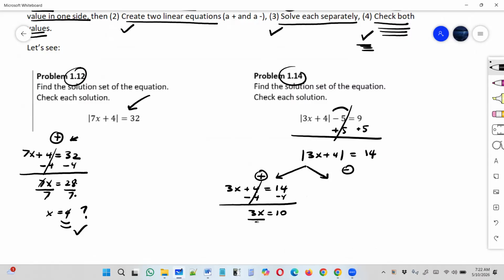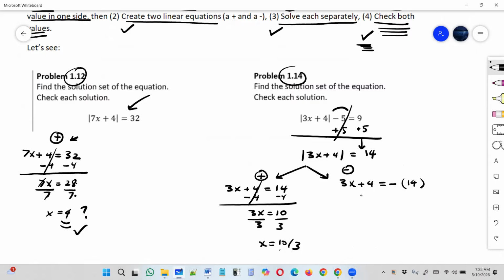divide by 3. We get an answer. The negative one, you remove the absolute value sign and you multiply whatever is on the right side by a minus.